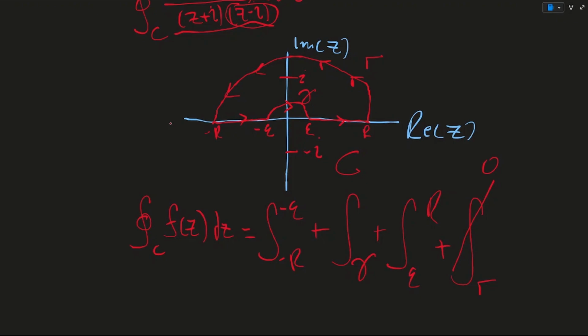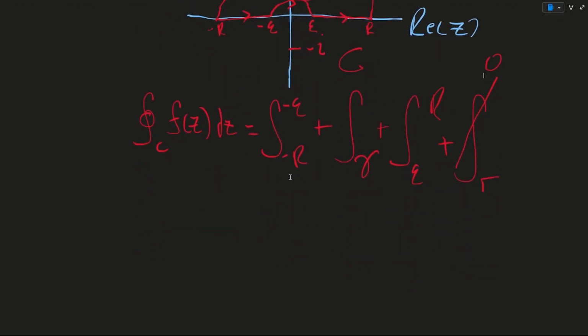That's a whole proof, but for the sake of time and simplicity, I will not be covering that in this video. But Jordan's lemma essentially tells us that for functions of the form e to the i a z f of z dz, their integrals will always converge to 0. It's something along the lines of that. But that just leaves us to deal with these three other integrals.